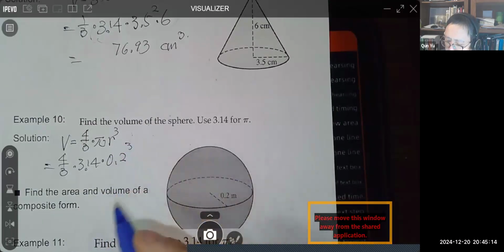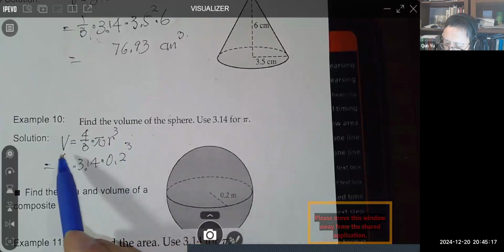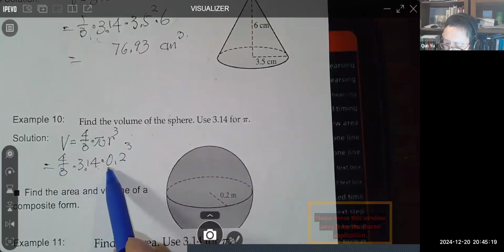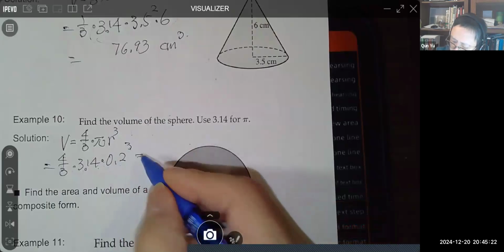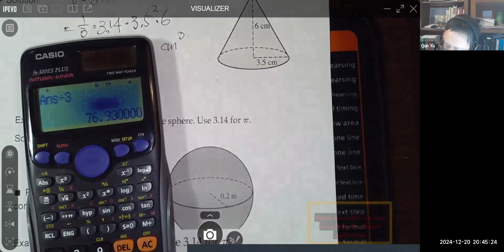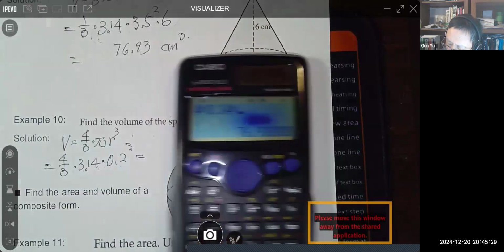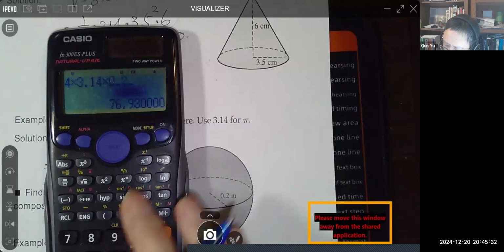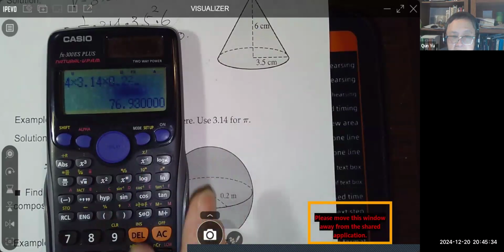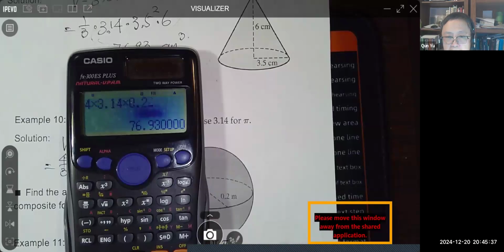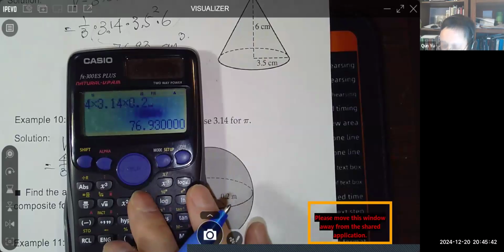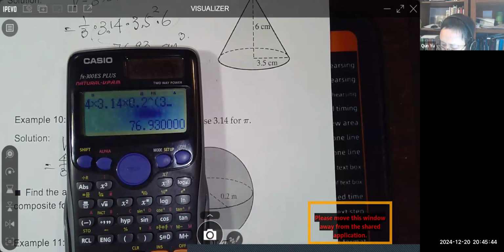So I'm going to multiply all of this on top, 4 times 3.14 times 0.2 cube, then divide by 3. 4 times 3.14 times 0.2 cube. Oh, 0.2 cube. That's wrong. 0.2 cube, then divide by 3. I do all of this in one step.